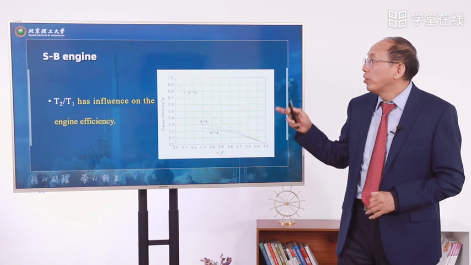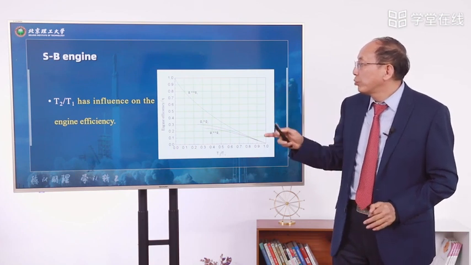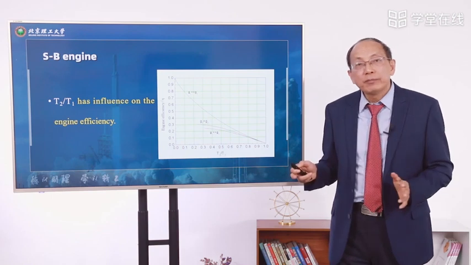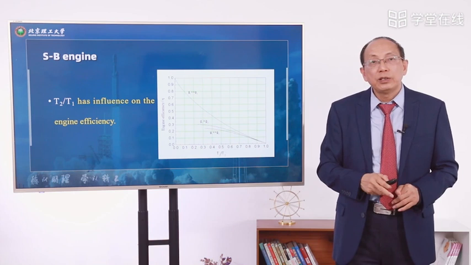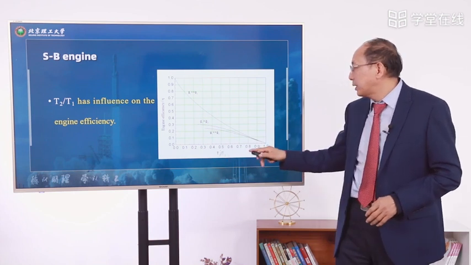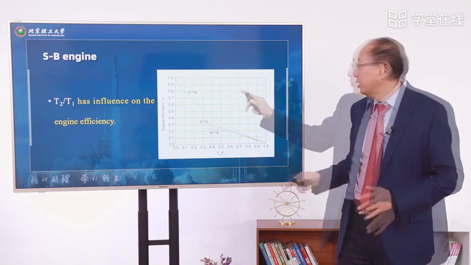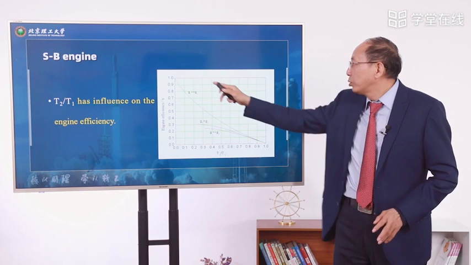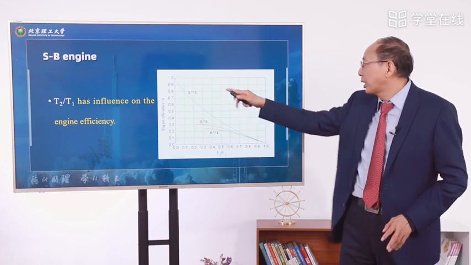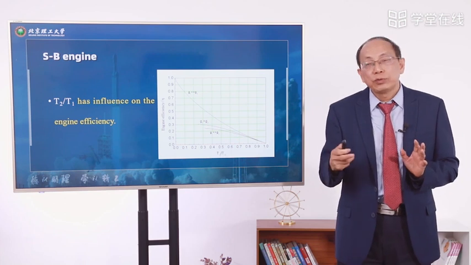Also, for the Stefan-Boltzmann engine, we can draw a diagram. The vertical axis is engine efficiency. The horizontal axis is T2 over T1. We can find that when G1 is smaller than G2, the curve is like this, similar to the CA engine.